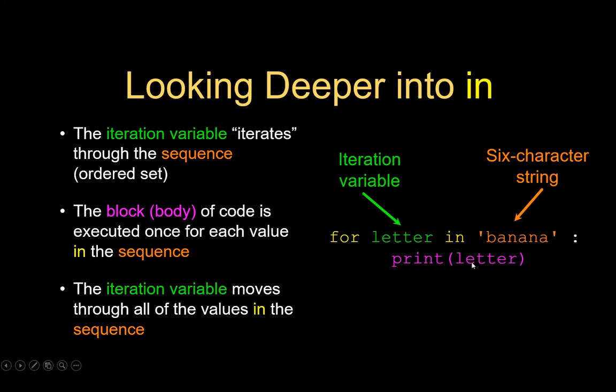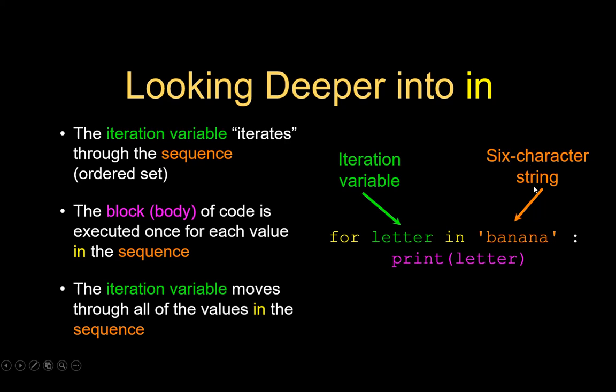So basically we will have our string written in a vertical line. That will be our output for here. And so again, this letter is our iteration variable.